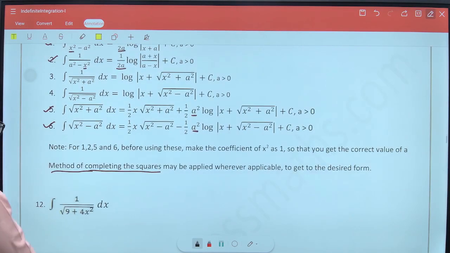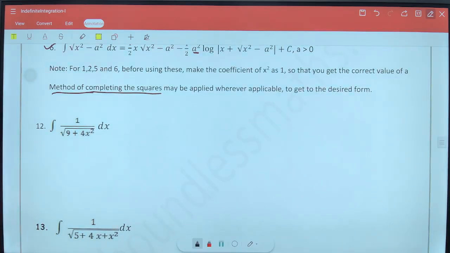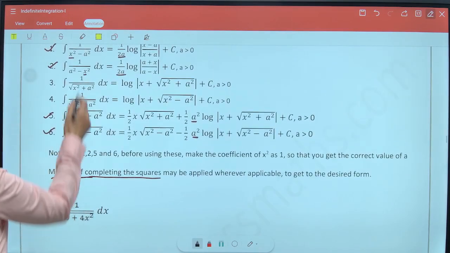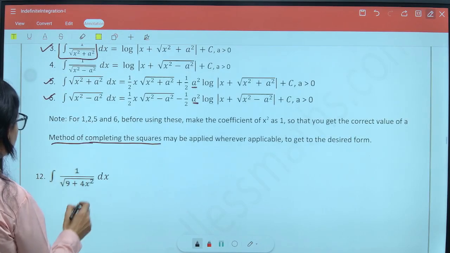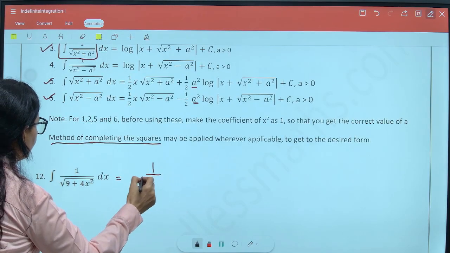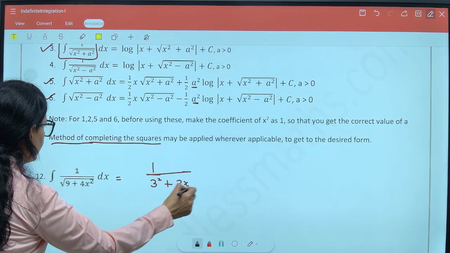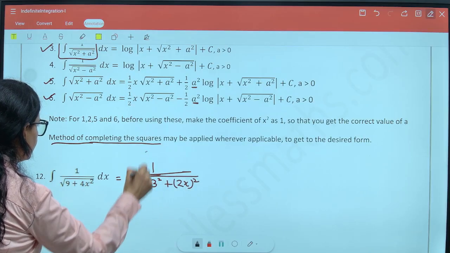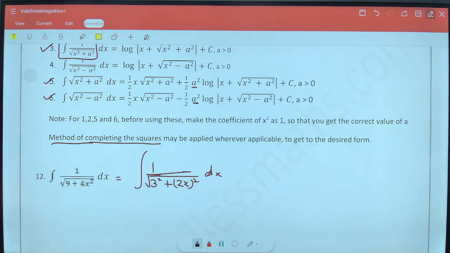Now let's look at this question, integral of 1 upon square root of 9 plus 4x square. This integrand is similar to the form of formula number 3. So I'll write this as 1 upon the square root of 3 square plus 2x square. Now how do I apply this formula? Look at formula number 3.